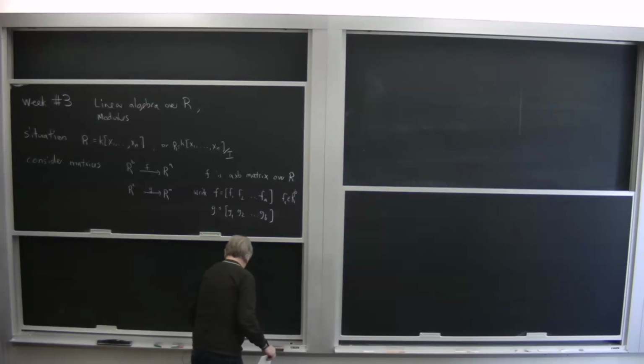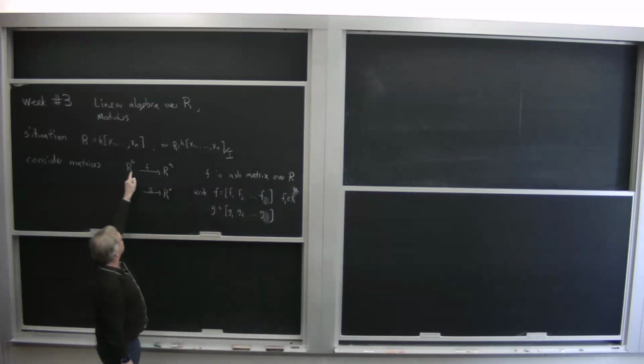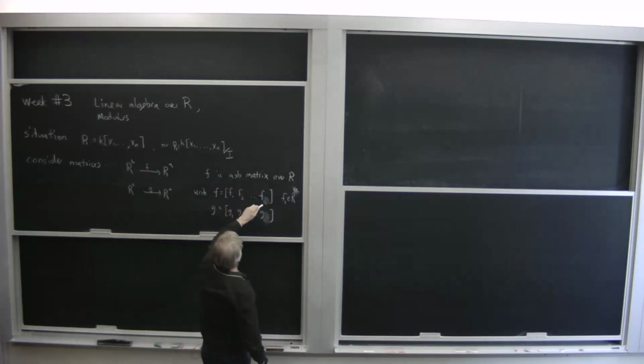Sorry, Mike. Yes. For F, shouldn't there be B columns where each column is in R^A? You're absolutely right. I shifted these. This is in R^A. Let's be careful here because they're important. So the images of each of the B vectors are going to be F1, F2, up to FB, and there are B of them.